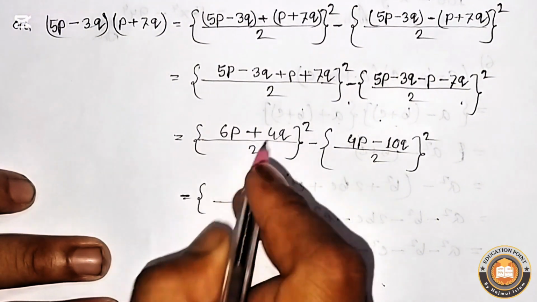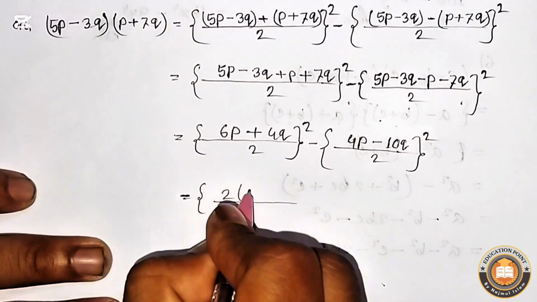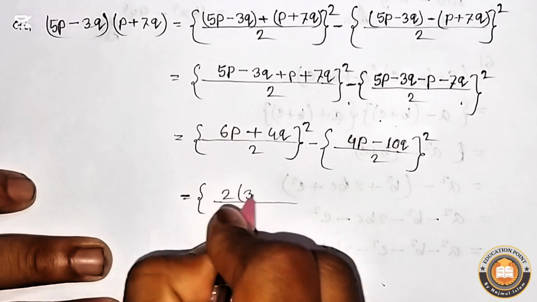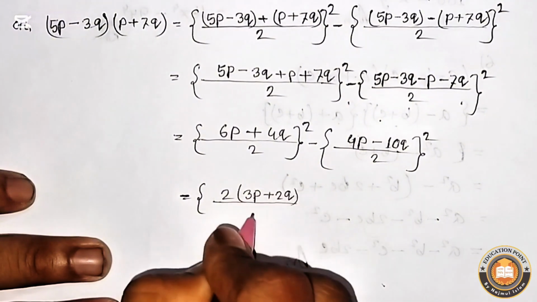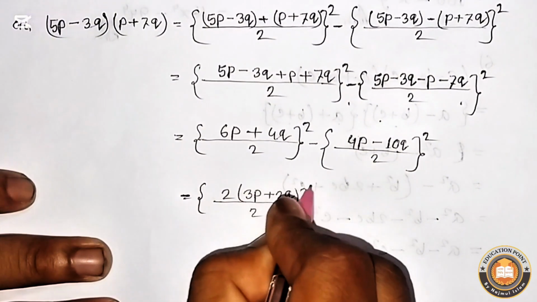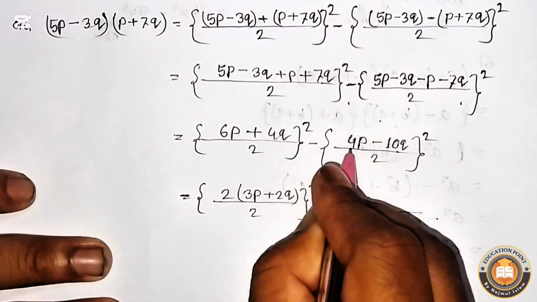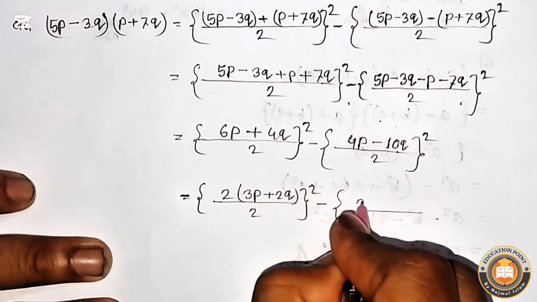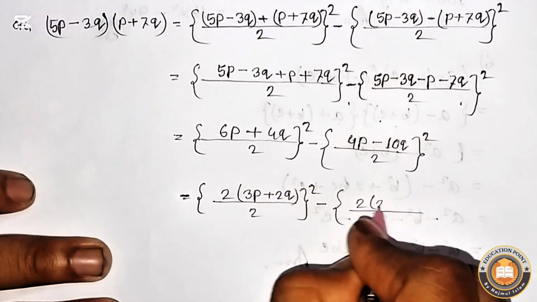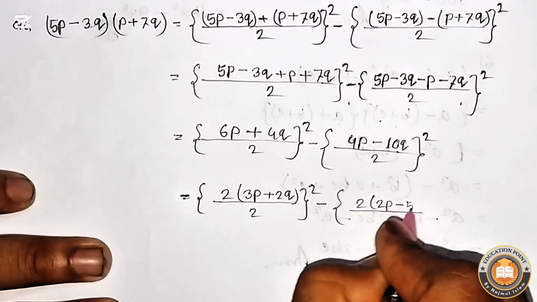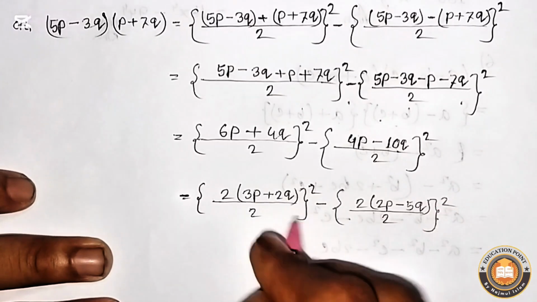Here in this expression we can take 2 as a common value. After taking common value we can write (3p plus 2q) by 2 whole square minus, here we can take 2 as a common value, after taking common value we can write (2p minus 5q) by 2 whole square.